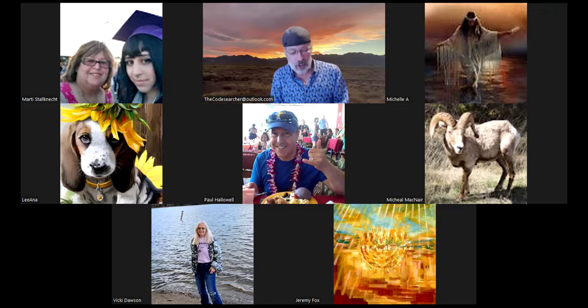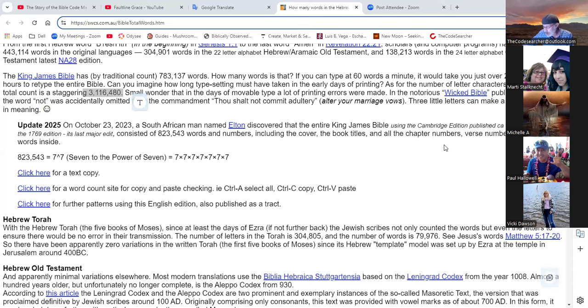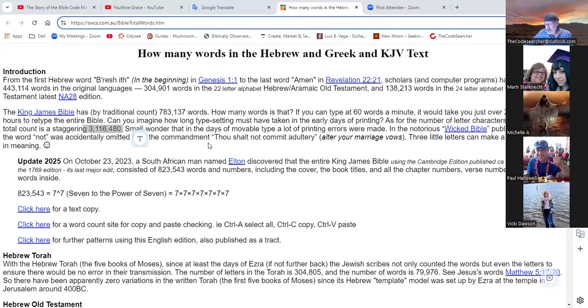By the way, there are 304,805 letters in the Hebrew Tanakh. That's the Old Testament. 304,805. Now, depending on what text you're looking at, this can vary by a handful, maybe 96 letters, between the Masoretic, the Leningrad, the Syriac text.